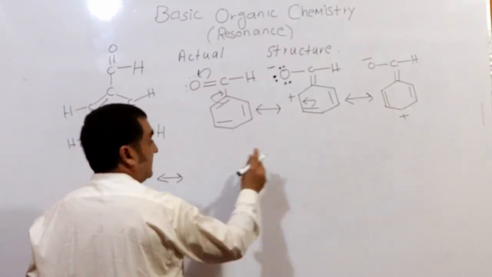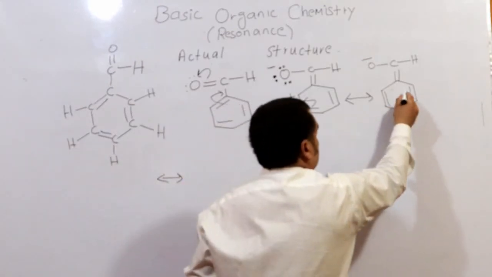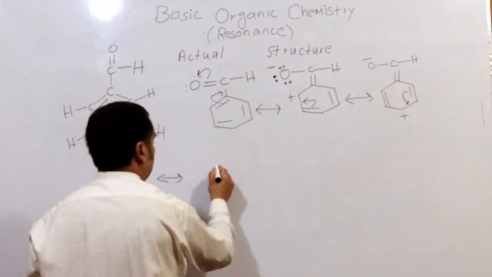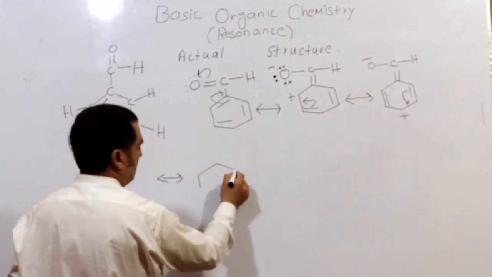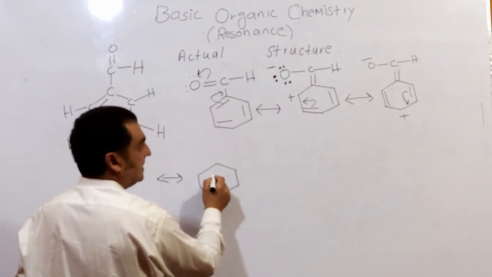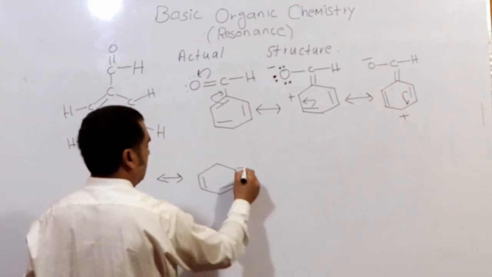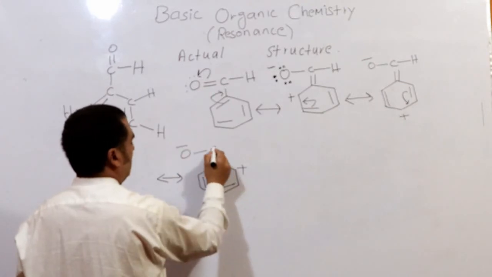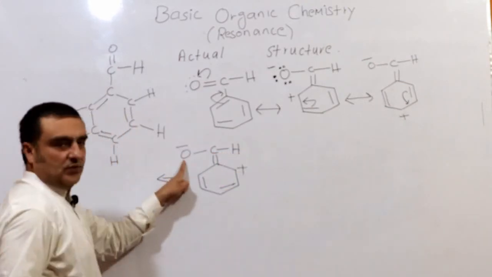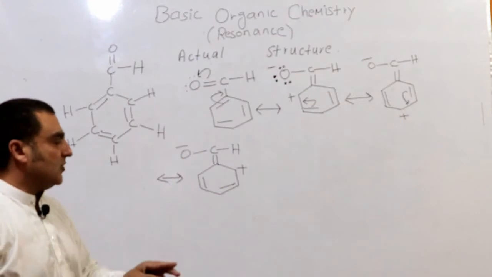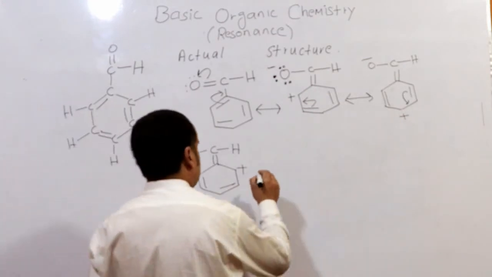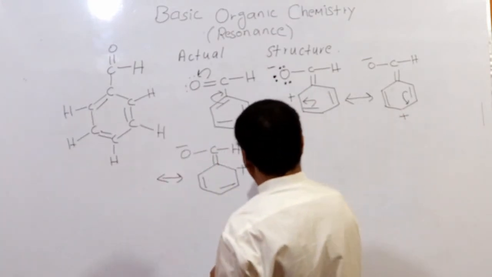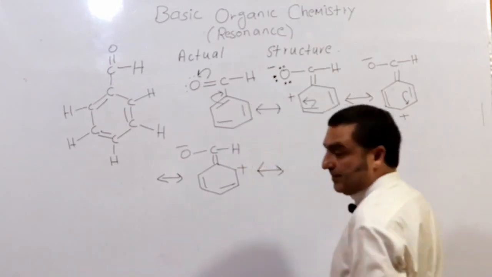Again, after that structure, what will happen? This will come here and you have another positive charge appearing on which carbon? Here on this carbon. Don't write O without its non-bonding electrons; I am short of time, that's why I am writing it this way. Now what happens?